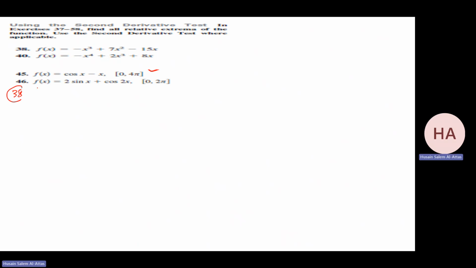38, I have f prime. Let me write f of x. Let's start with polynomials, easy ones. f prime is minus 3x squared plus 14x minus 15. And if you factor it, you get this.